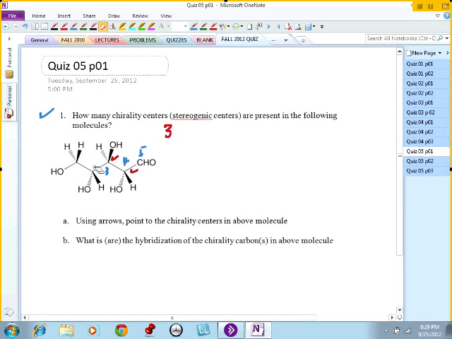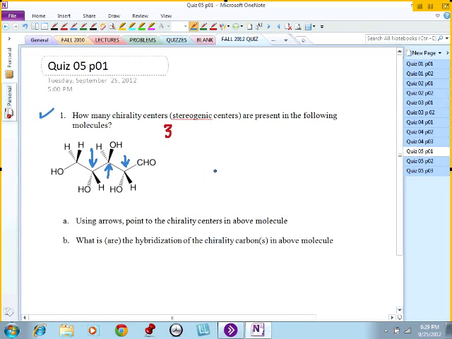So let us do that again. The chirality centers are this here, and this here. How do I know?